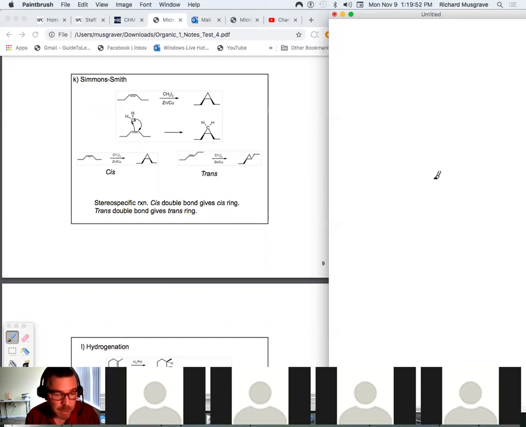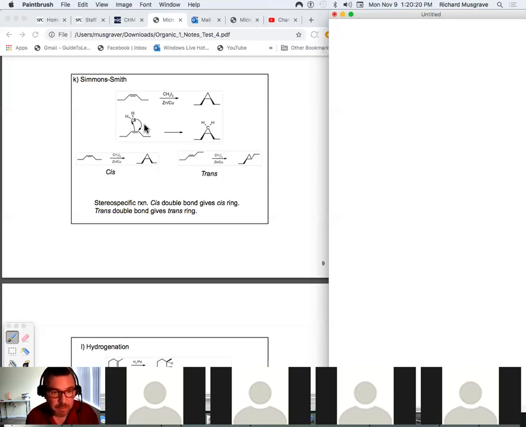The difference being that instead of putting an O there, we put a CH2 there instead. And you'll notice that it has something in common with the MCPBA reaction in that if you have a cis double bond, you end up with a cis ring. If you have a trans double bond, you end up with a trans ring. But the result is always a 3-membered ring, a cyclopropane ring.